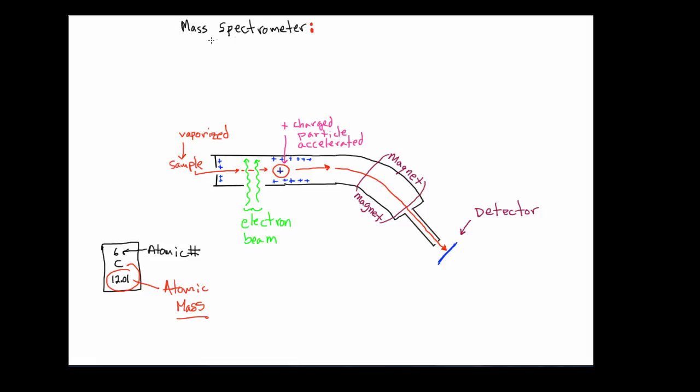We're going to talk about how a mass spectrometer works, and this is an instrument that measures the mass and numbers of a particular element or molecule.